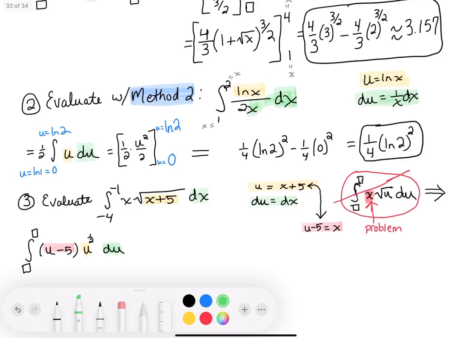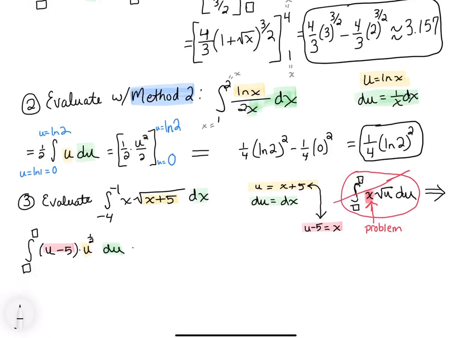All right. So initially this isn't yet perfect because I still do have a product here, and we can't integrate a product factor by factor, but this situation is something that I can go back to just my basic antiderivative ideas and basic integration, and I can distribute.